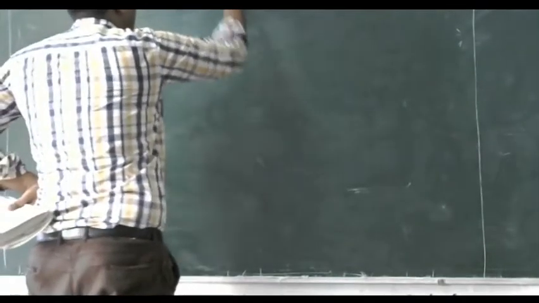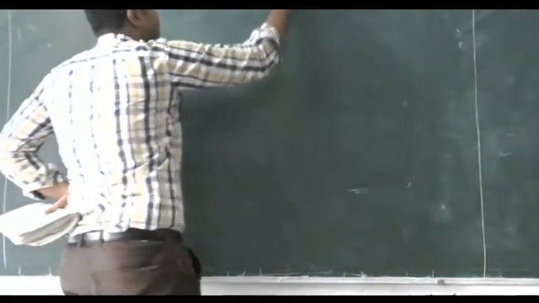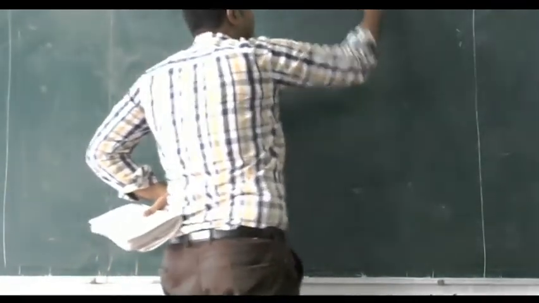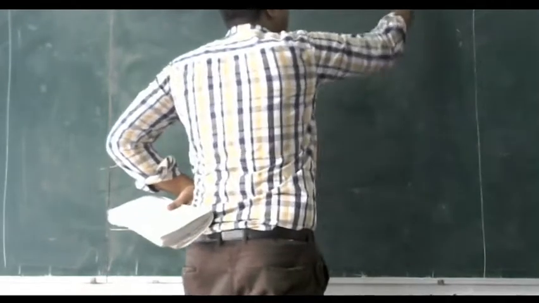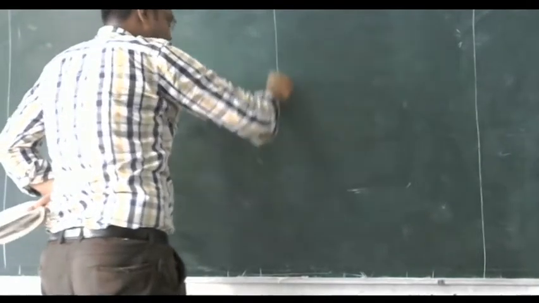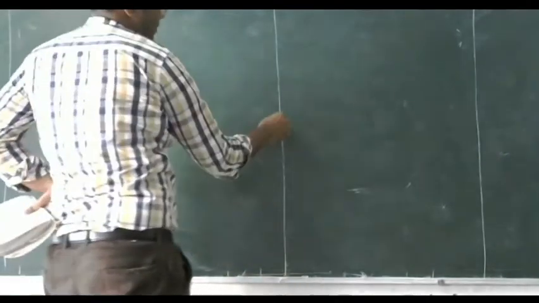Now we are proceeding with the actual valve timing diagram. Again, I am drawing the crankshaft line. Take the center point.